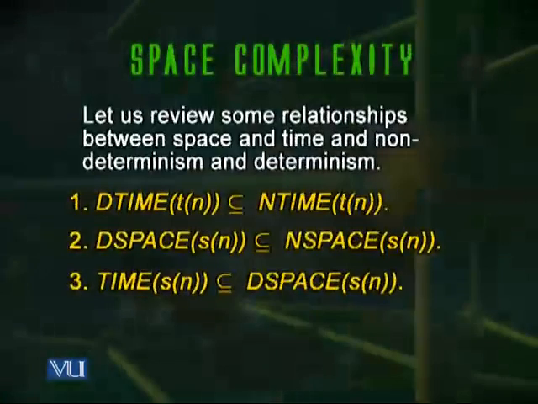Let's look at the next one. The last relationship says that TIME(S(n)) is contained in DSPACE(S(n)). How do we prove such a thing? Suppose that you have a Turing machine, deterministic or non-deterministic, that runs in time S(n). Then why is it that it cannot use more space than S(n)?